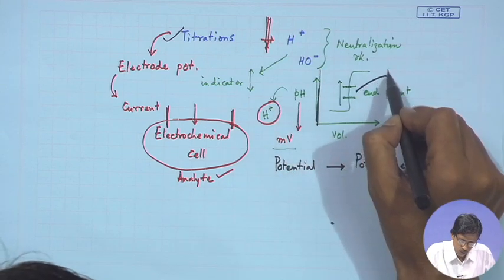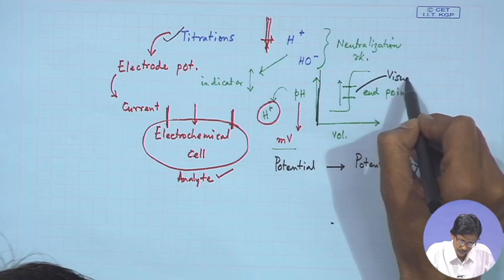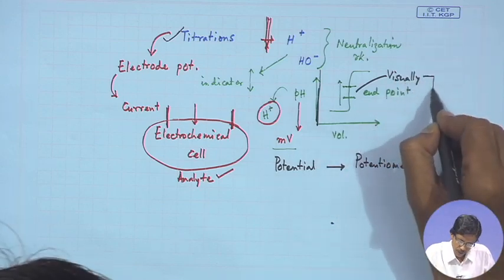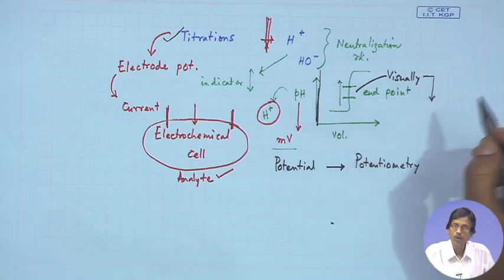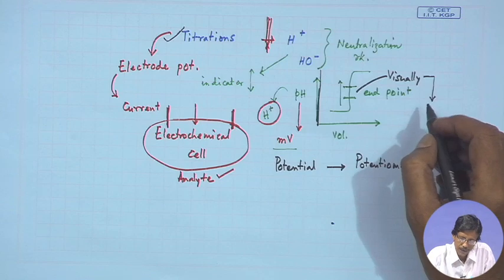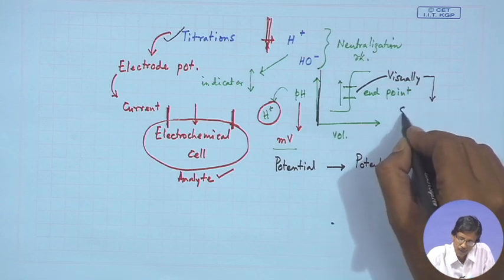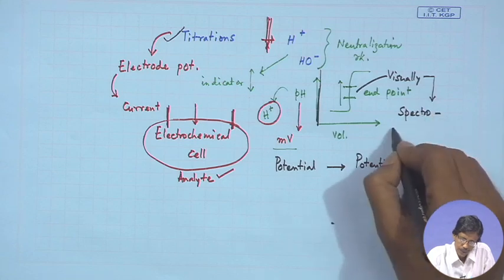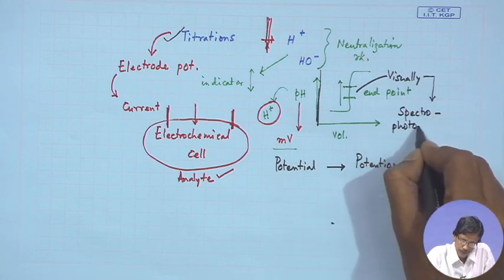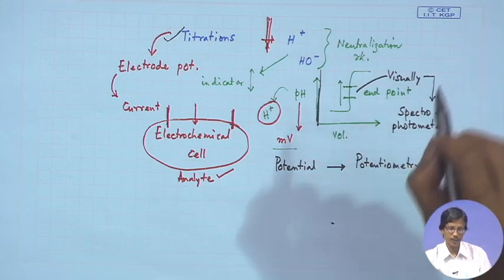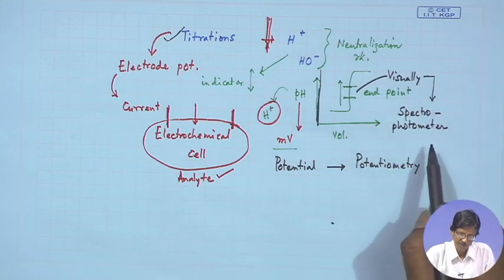So, visually we detect the end point, and sometimes, if we have a very low concentration which we cannot detect with our eyes, we can take the help of a spectrophotometer. We have seen how we can use the spectrophotometer for the different spectrochemical analysis.